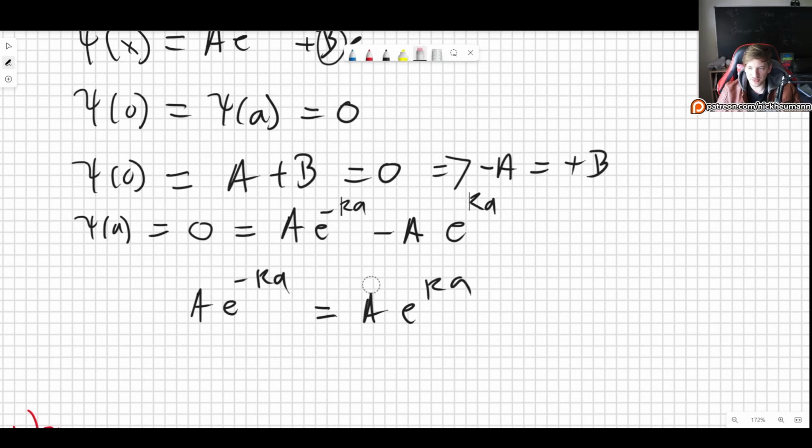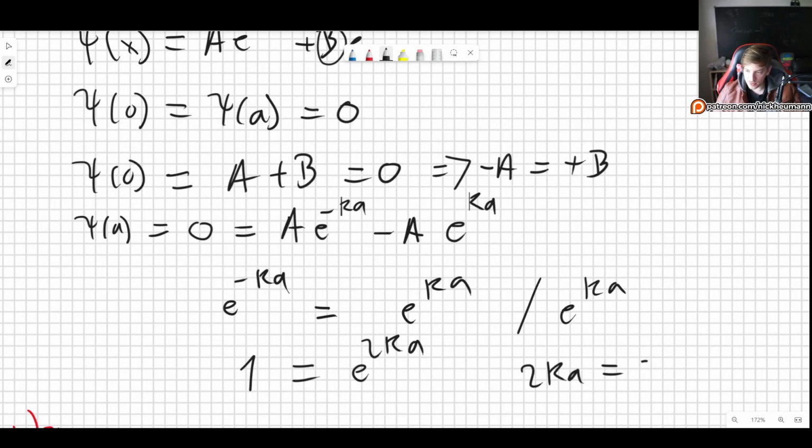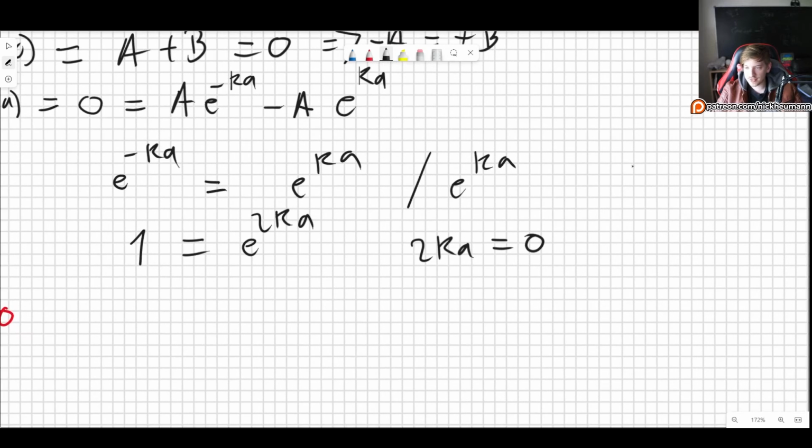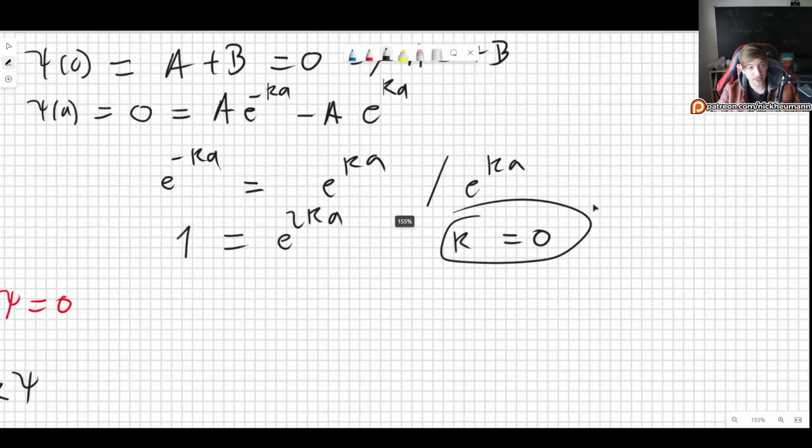So we can, of course, divide by a, and then we just multiply by e to the ka, so that we get that 1 is equal to e to the 2ka, which means that 2ka has to be equal to 0. But 2 and a are simply constants, so they, of course, cannot be 0, so we need k to be 0. Okay.